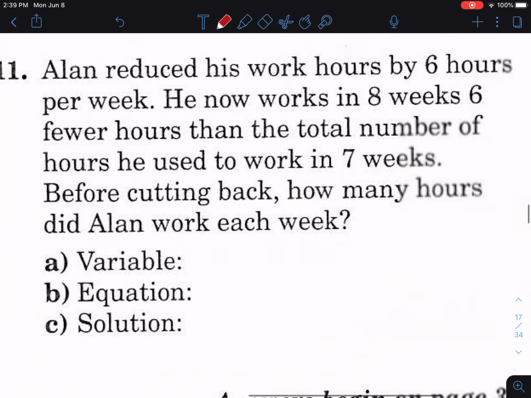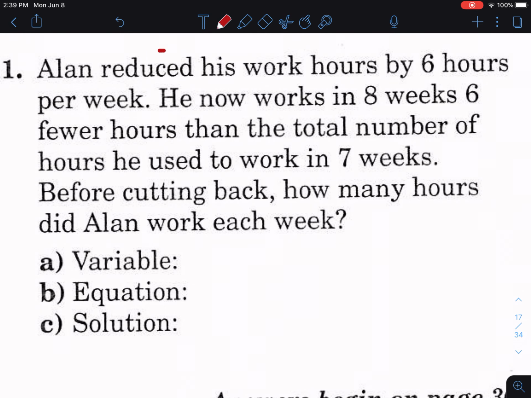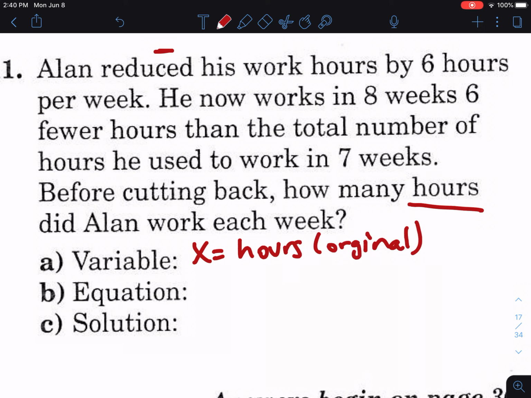Last one. Alan reduced, so reduced is a subtraction, his work hours by 6 hours per week. Now he works in 8 weeks 6 fewer hours than the total number of hours he used to work back in 7 weeks. Before cutting back, how many hours, so we're looking for hours, did Alan work each week? So X equals his hours original before he cut back.